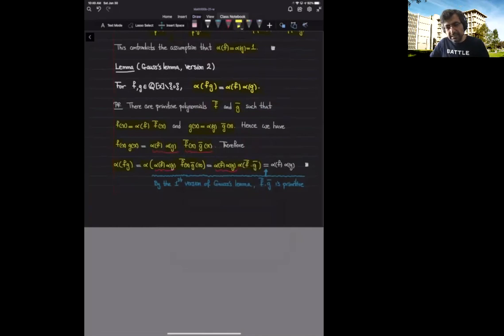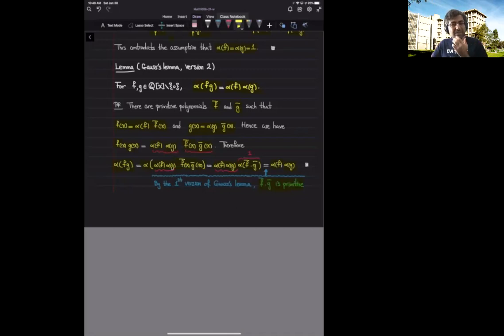But now notice f bar and g bar are both primitive, and therefore their product is primitive. And that means this content is 1. And we are left with the product of contents of f and g. So we get this beautiful result that content is a multiplicative function.